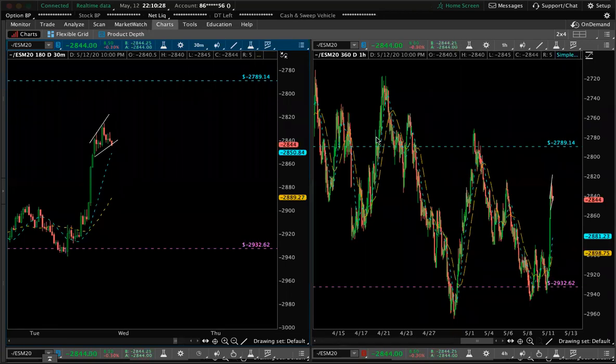When the 14 touches a support or resistance level, it's not much of an implication. It just shows you that that fib level or that support or resistance level is important. That means you're going to see a lot of price action at that level.